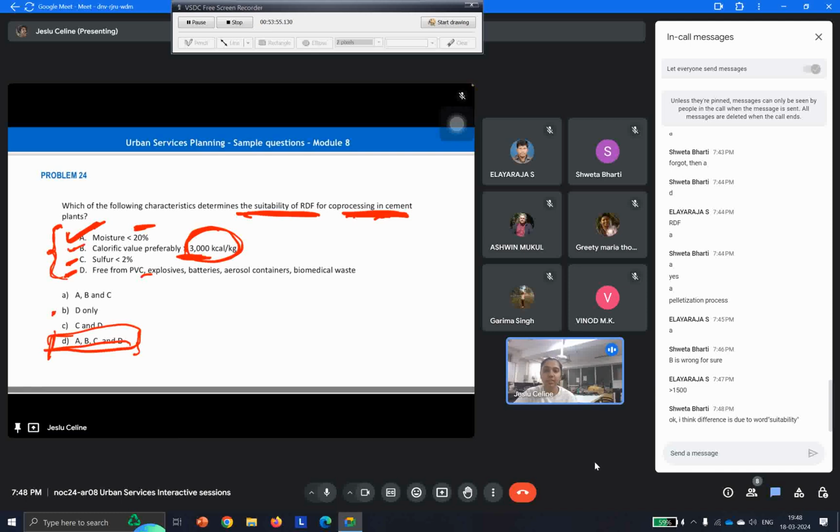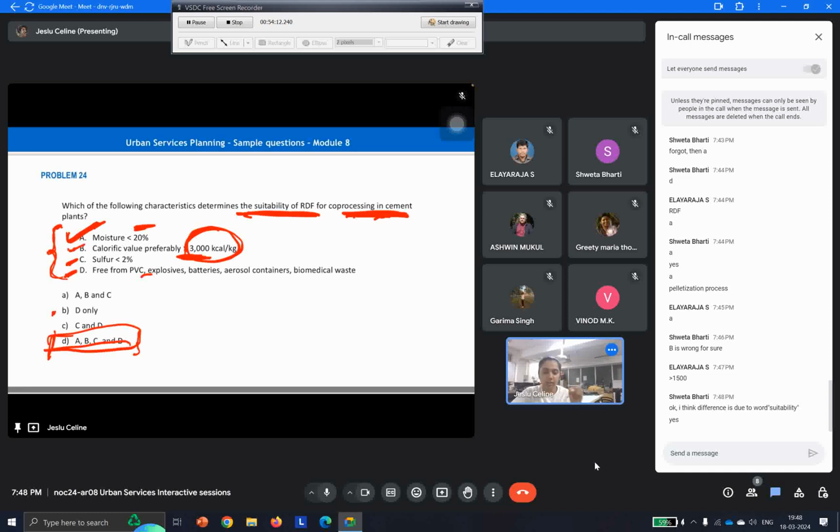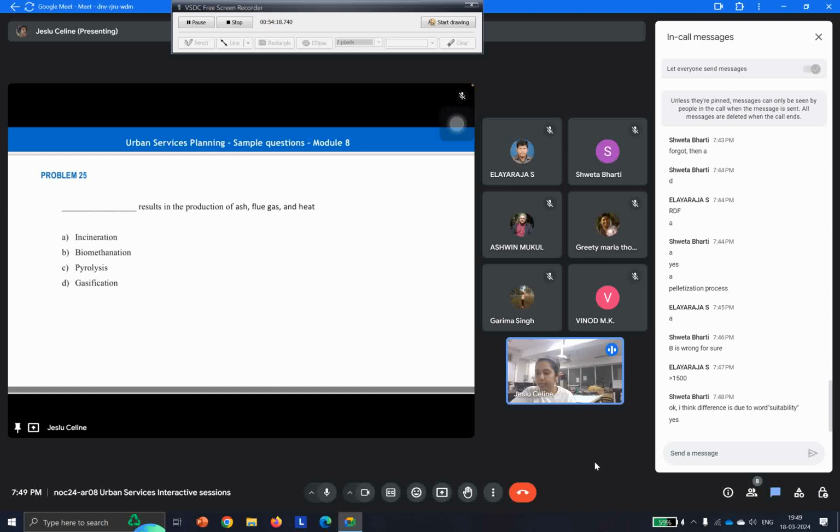But here, all of these are the conditions, and under these conditions it is suitable. So if you have something greater than 1500, and the calorific value is greater than 3000, it is again suitable, right? If 1500 was given as the metric in the slides, then that is suitable too, right? Let's proceed to question 25.